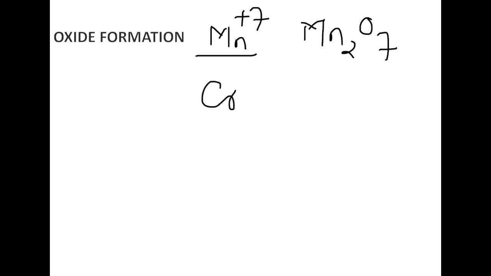The maximum state of chromium is +6, it can form CrO3. So from scandium to manganese, in their higher states, they can form higher oxides.